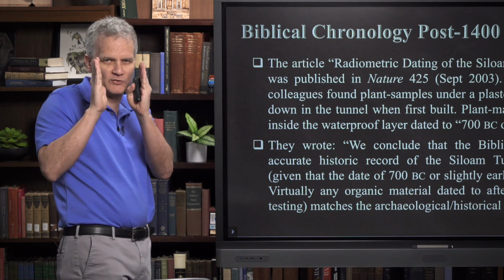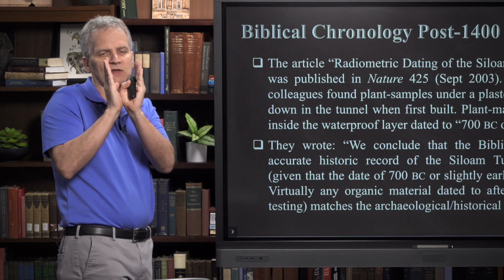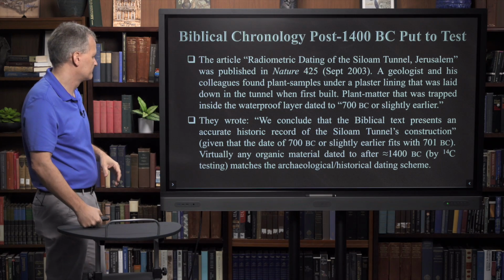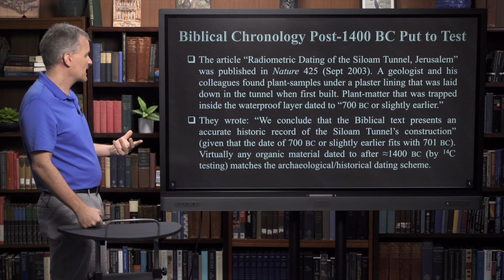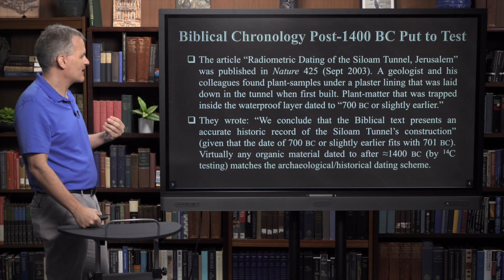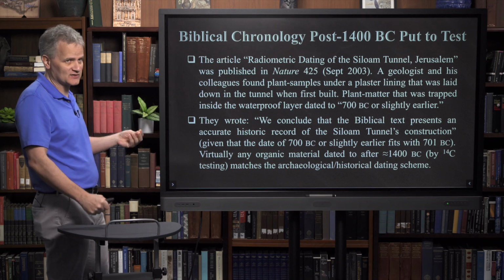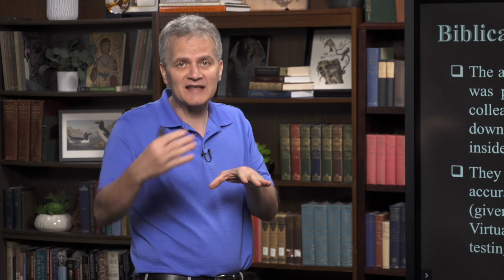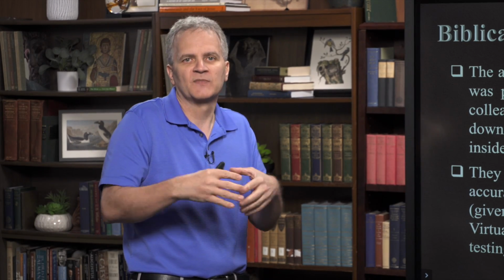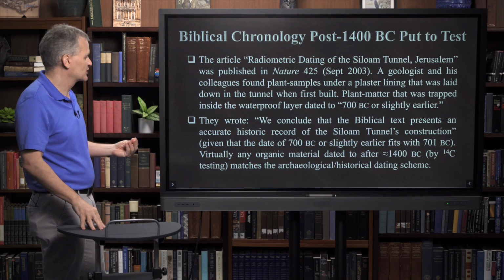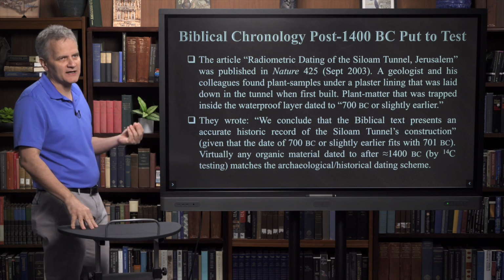And again, with radiocarbon, we're looking at a date range, but that's how the evidence would be presented. Virtually any organic matter dated to after approximately 1400 BC by radiocarbon testing, where we can confirm or test whether or not biblical chronology stands up against the test of scrutiny, it matches the archaeological historical dating scheme.